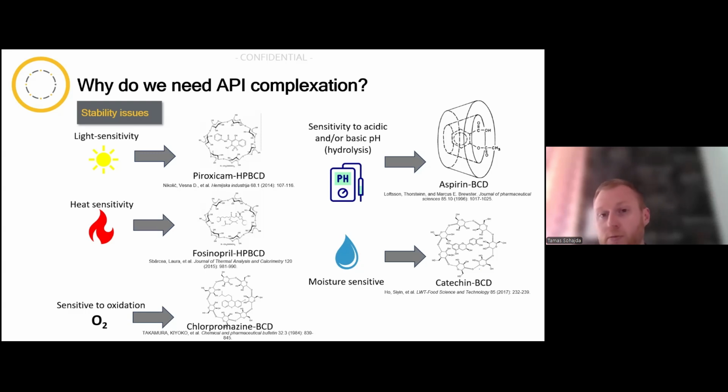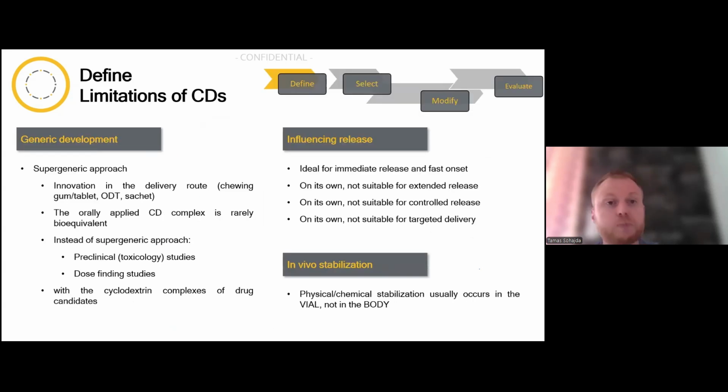To be more precise, probably it will degrade quicker because the active will be solubilized, and unlike without the cyclodextrin, more actives will be subjected to the gastric pH. So it's very critical to understand how the cyclodextrin releases the active ingredient, because the complexation itself is not the guarantee of having all these effects that we mentioned.